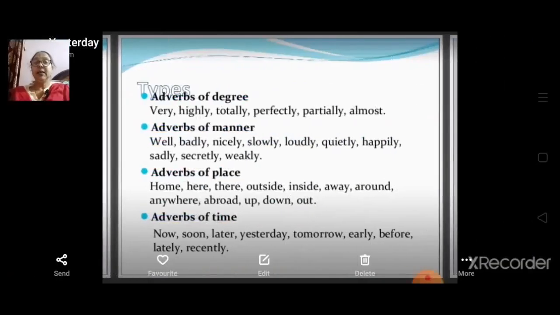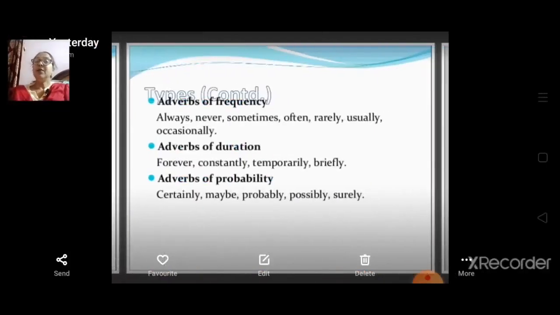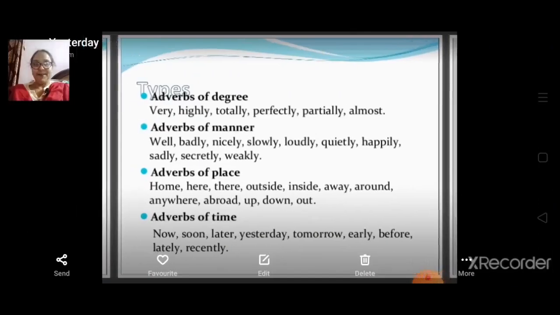You can see adverbs of degree, adverbs of manner, adverbs of place, adverbs of time, adverbs of frequency, adverbs of duration, adverbs of probability. We have already discussed these three: adverbs of degree, manner and place. Today we are going to start adverbs of time.